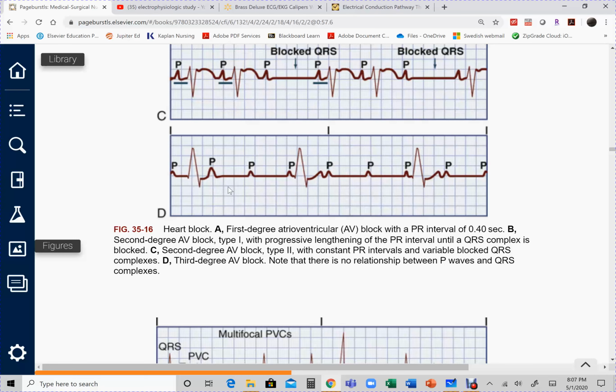So this is a perfect example of what I said earlier about the role of the AV node, wherein if it doesn't receive a signal from the SA node, it will generate its own. So here, if you grab your trusted poor man's caliper and measure the occurrence of the P waves, from this P to P, according to my measurement, it's completely regular. They're occurring at very regular intervals.